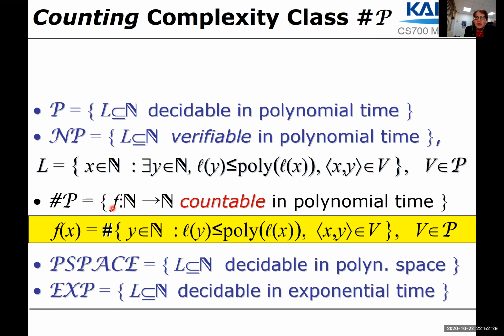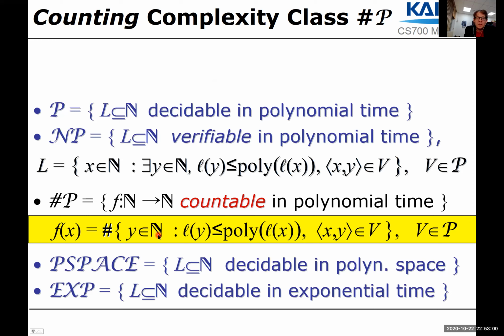But rigorously speaking, we cannot really compare the two complexity classes because NP is a class of decision problems and #P is a class of counting problems. And the counting problem is not a decision problem, and the decision problem is not really a counting problem. And even more, comparing #P with PSPACE, well, again, we can count in polynomial space by counting all witnesses.